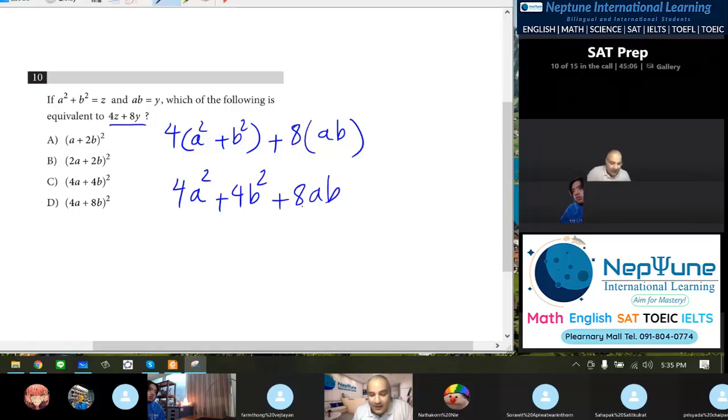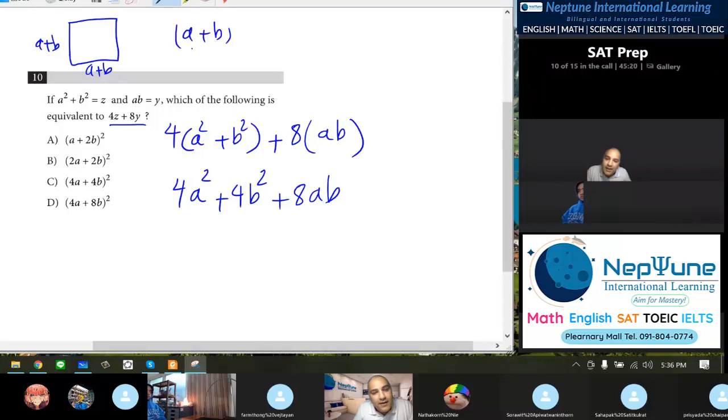If you know that a plus b times a plus b gives you a perfect square, (a+b) squared, how do you know? It becomes a squared plus 2ab plus b squared.